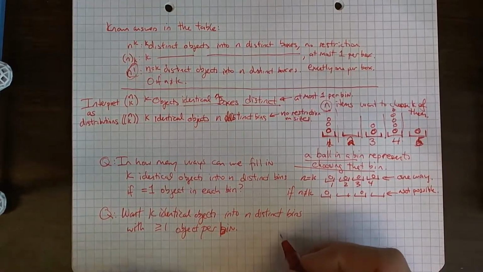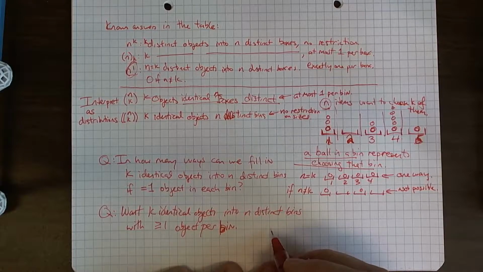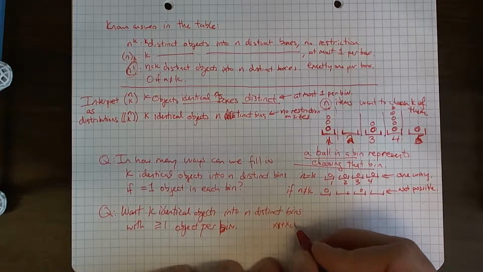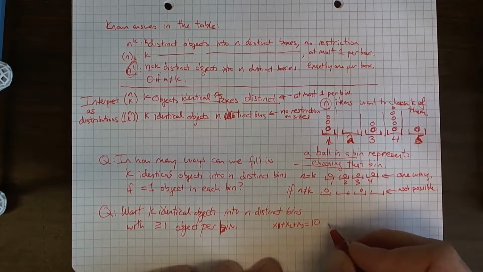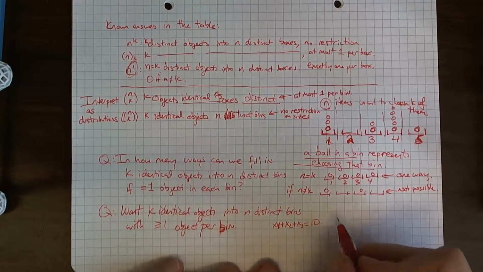So what this should make you think about is when we were doing those questions about the multinomials, x sub 1 plus x sub 2 plus x sub 3 is equal to 10, and each one of these is greater than or equal to 0 or greater than or equal to 5.